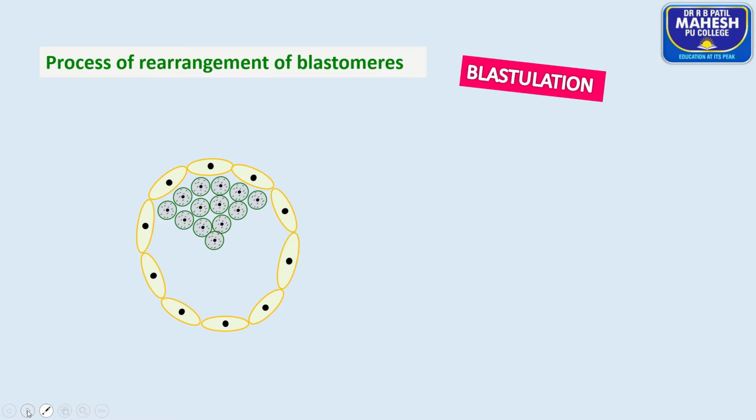After the formation of morula, the cell division temporarily stops. The cells start to move towards the periphery, or the rearrangement of blastomeres takes place, and as a result the cells are arranged in a single layer, which we call the blastoderm.